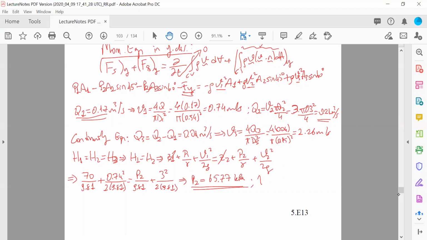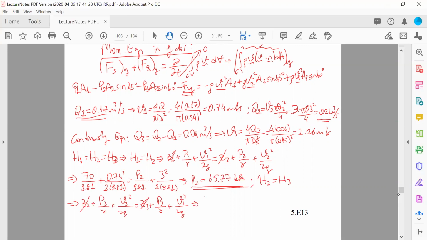Similarly, let's continue from here. H2 equals H3, let's say. And this gives us Z2 plus P2 over gamma plus V2 square over 2G equals Z3 plus P3 over gamma plus V3 square over 2G. In a similar manner, horizontal plane elevations are the same, cancel each other.